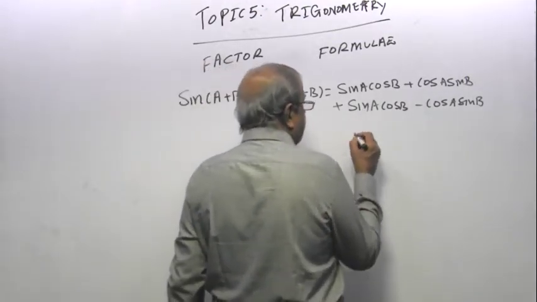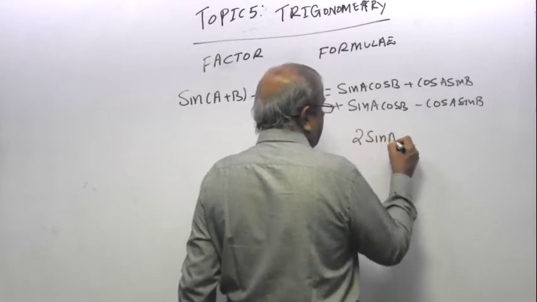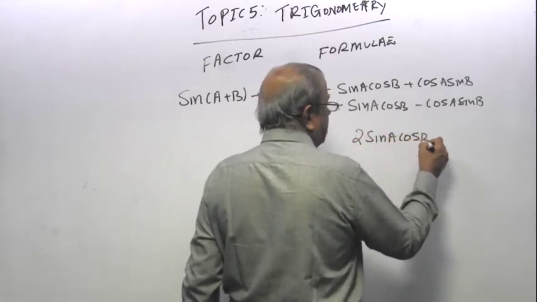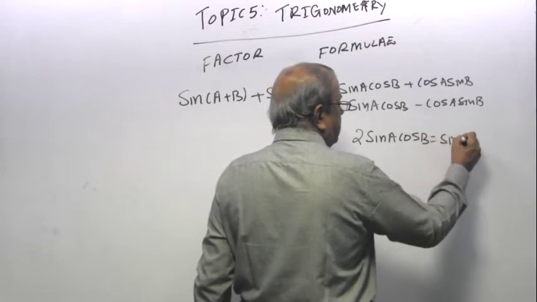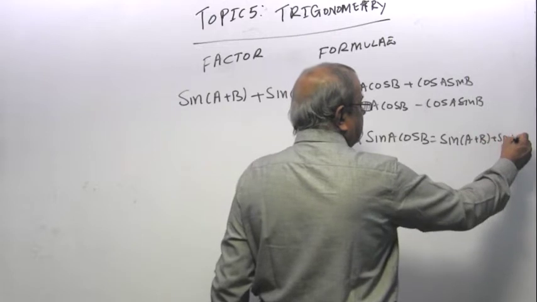So I can write it as 2 sin A cos B. So 2 sin A cos B equals sine of A plus B plus sine of A minus B.